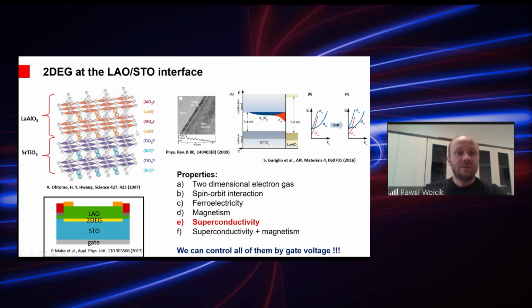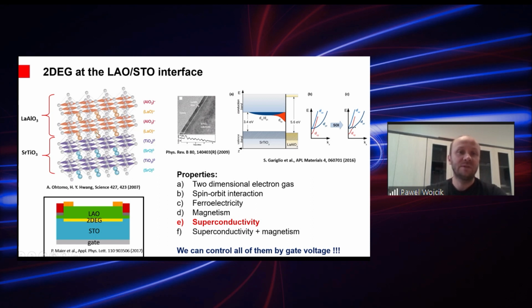In our presentation, we consider the interface between strontium titanate and lanthanum aluminate. Between these two bulk insulators, a two-dimensional electron gas is created due to the polar discontinuity and the corresponding charge transfer to the interfacial region.